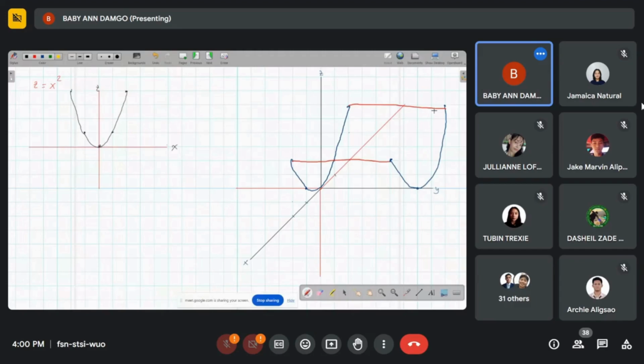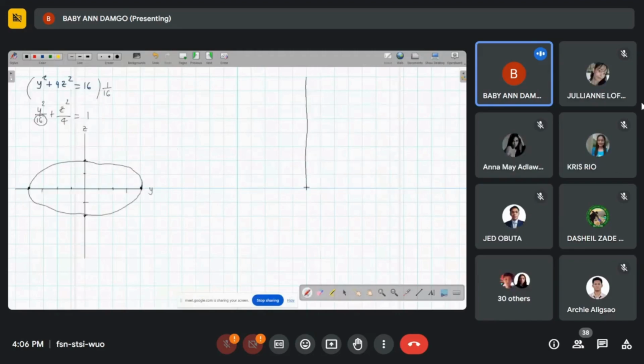But how about the 3-dimensional? So we will create, okay. So we have 1, 2, 3, 4, 5, 6, 7, 8.